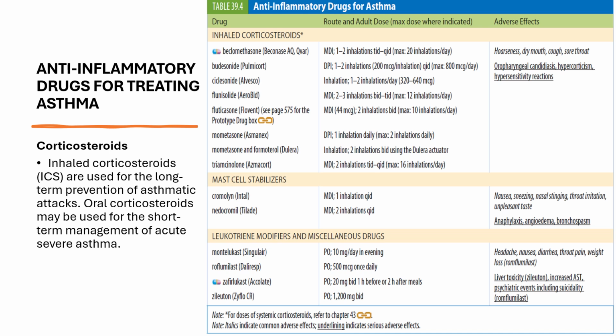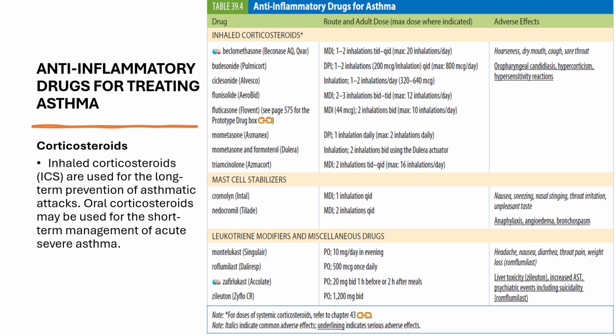Although symptoms will improve in the first 1 to 2 weeks of therapy, 4 to 8 weeks may be required for maximum benefit. For patients with persistent asthma, a LABA may be prescribed along with the inhaled corticosteroid to obtain an additive effect.